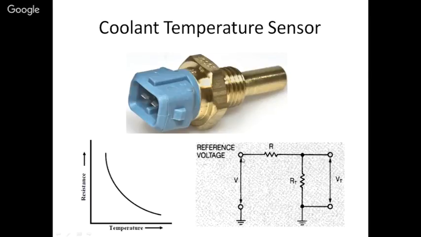V is the reference voltage, and the output voltage is measured across the thermistor resistance. So Vt is equal to RT divided by R plus RT, into V. As the thermistor resistance changes due to the temperature, this output voltage Vt will also change.